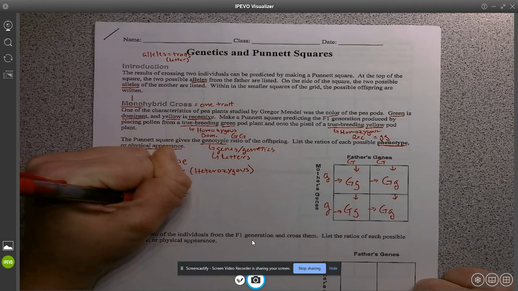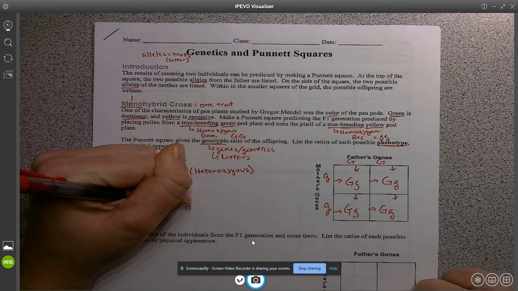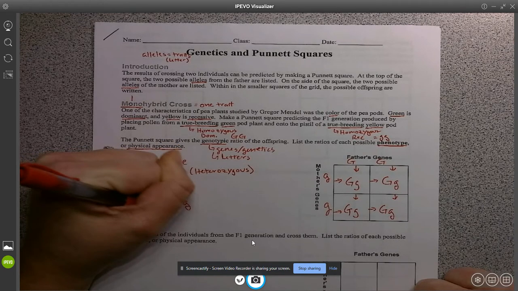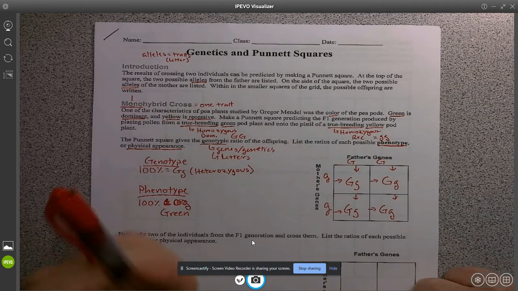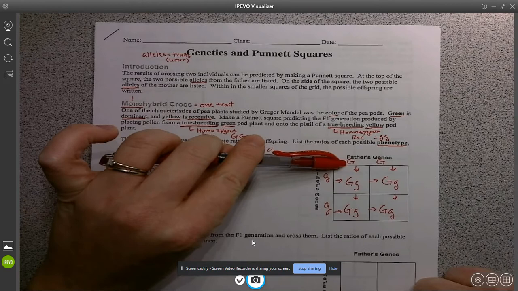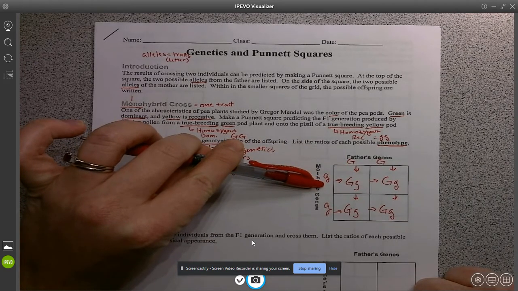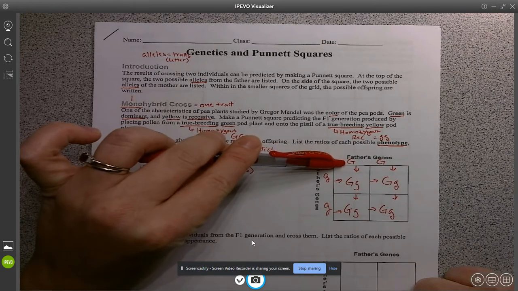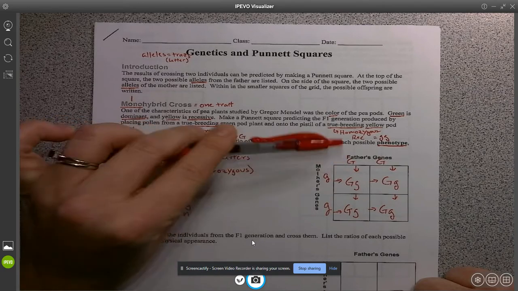There we go. 100% of them are green. And this makes sense because the father plant can only give dominant traits. The mother plant can only give recessive traits. And I only need one capital letter, one dominant allele, to repress the recessive allele.